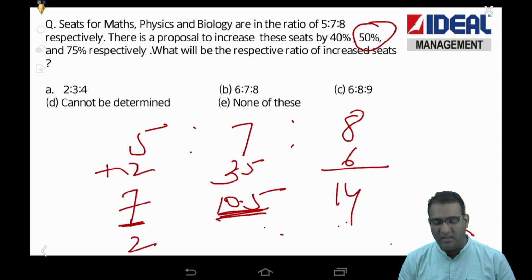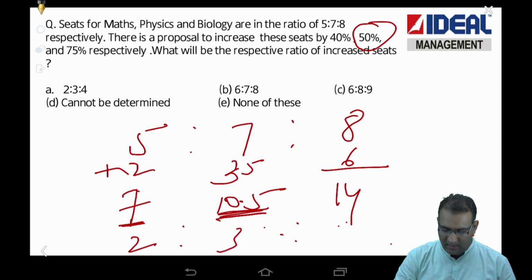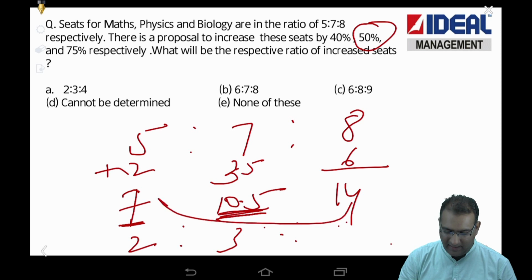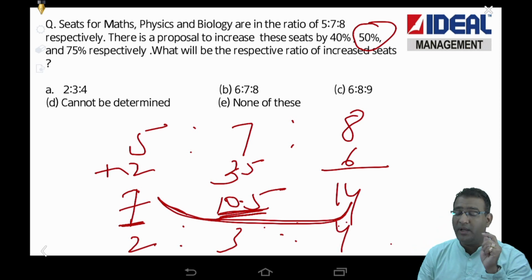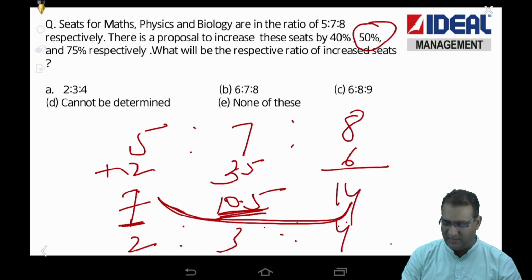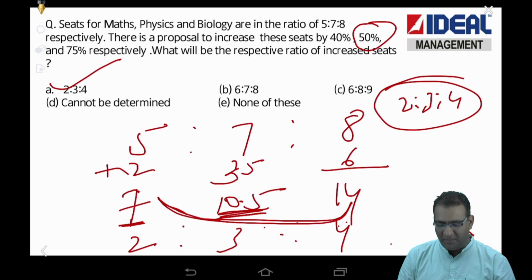Divide this number by 3.5, I will get 3. 14 is double of 7, or divide by 3.5 and see, right? This is double, so this will be 4. Now this, trust me, if it clicks, the answer will come instantly. 2:3:4. But it should click.